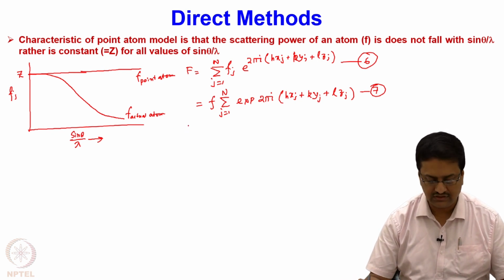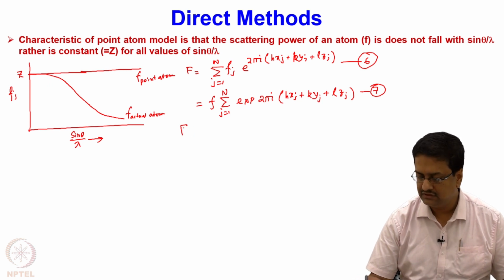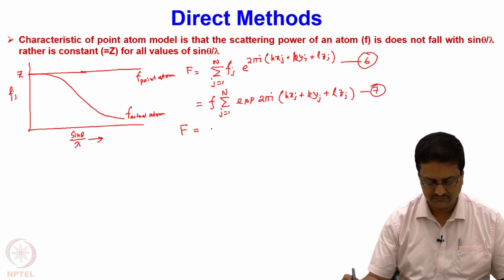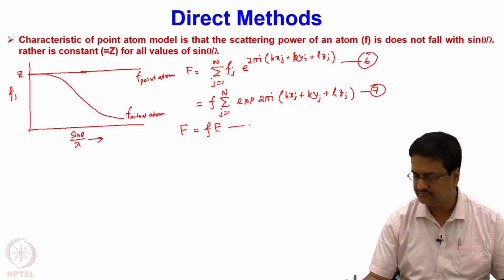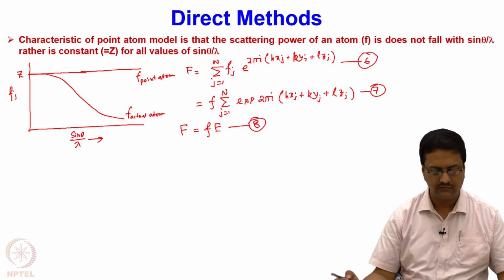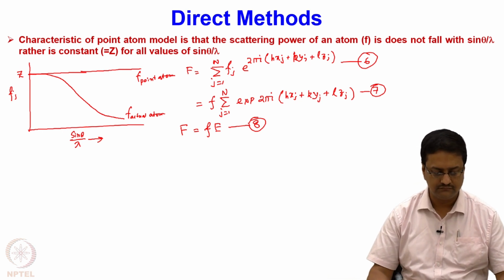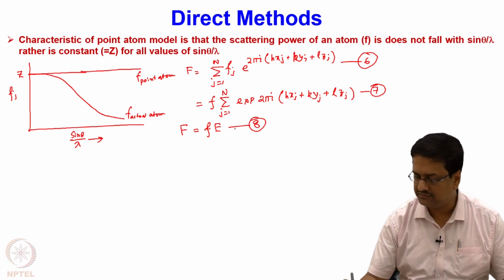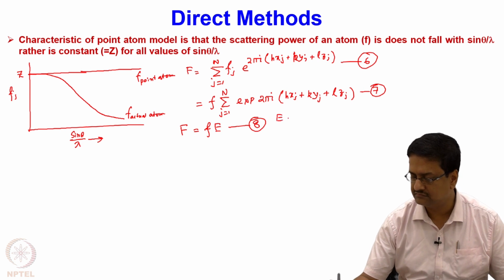One can then write that F equal to small f multiplied by E, where E is the sum of all exponential terms.